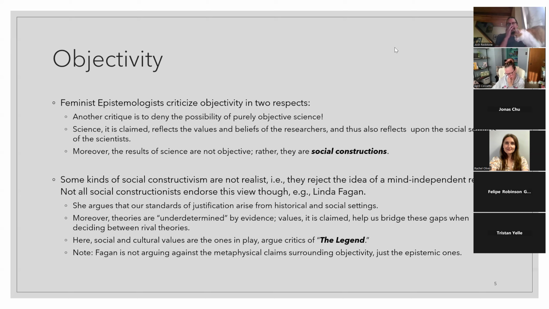So gender is separable from sex, right? Gender is your own experience of your male or femaleness, right? And that changes from culture to culture.